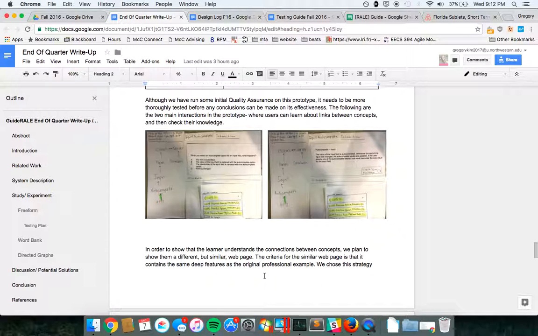We were trying to address the connections between concepts and how learners think about it. And if learners are able to have knowledge organizations about these concepts that are the same as experts, then they should be able to overcome this coordination barrier. So going into next quarter, we're going to continue work on this. And yeah, that's it.